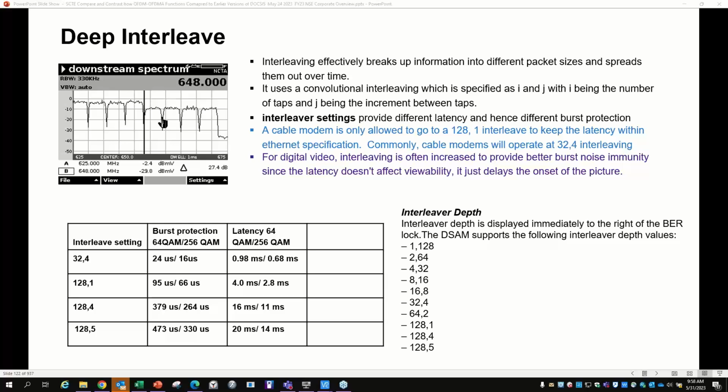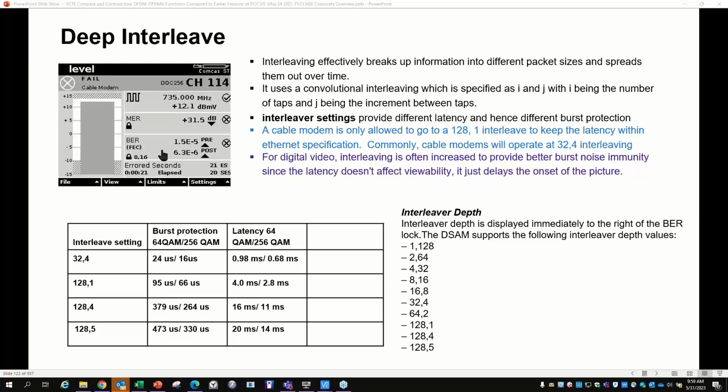So deep interleave is a way of doing it. It's part of the forward error correction. If you look at this channel, you see there's a little tiny number right up here. It's known as the interleave setting.